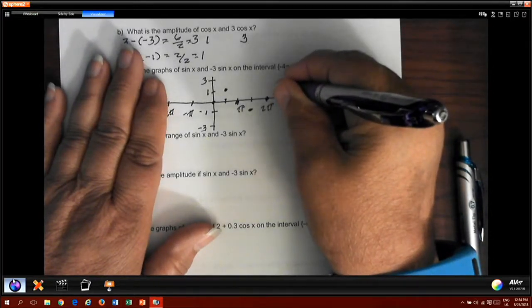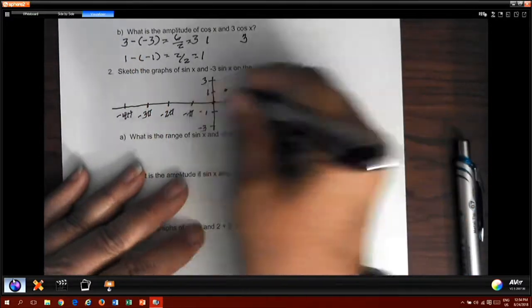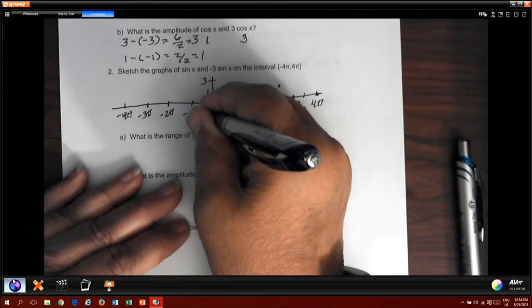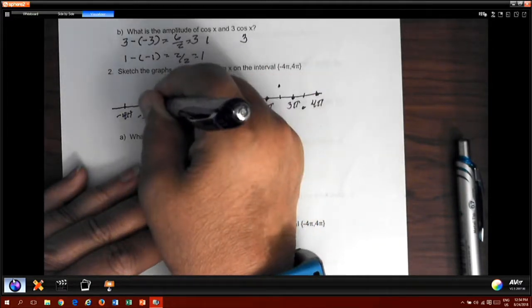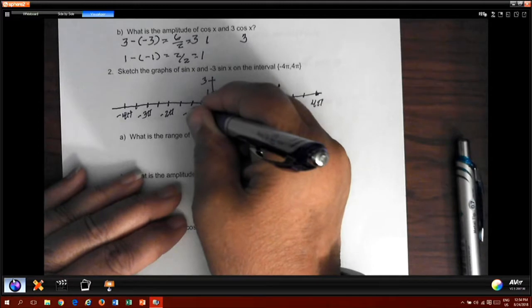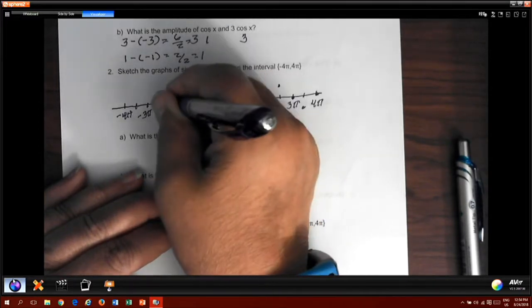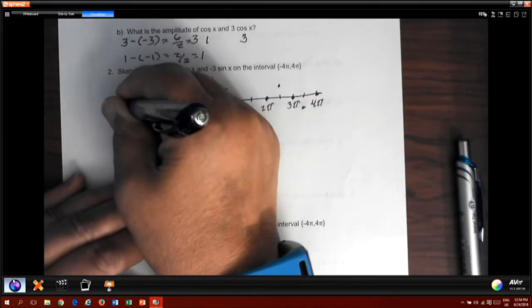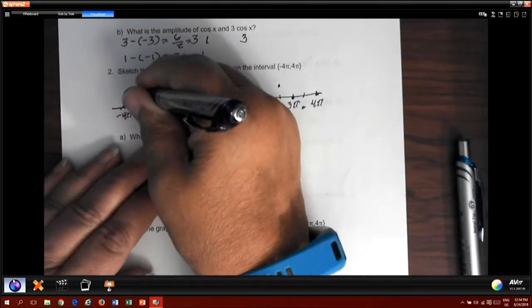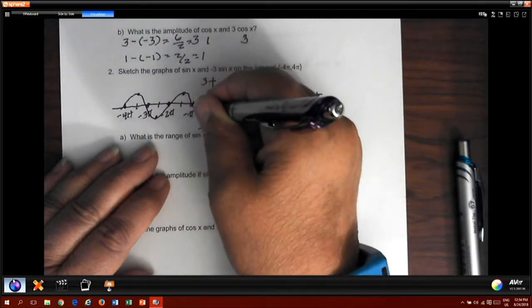And then it repeats itself for the next cycle. So sine looks something like this.